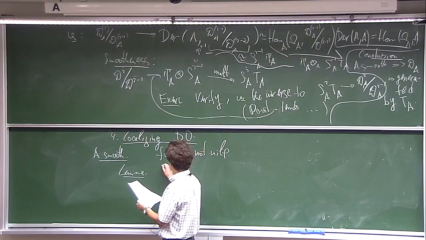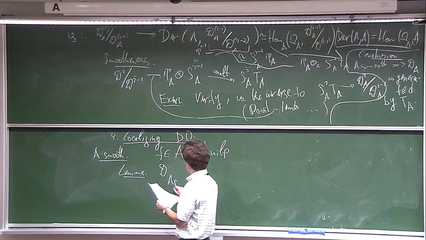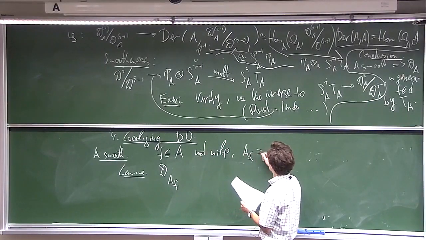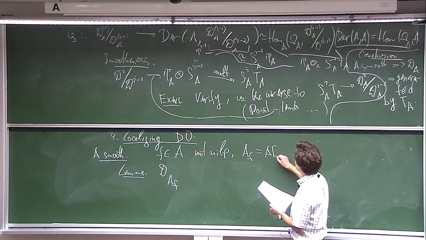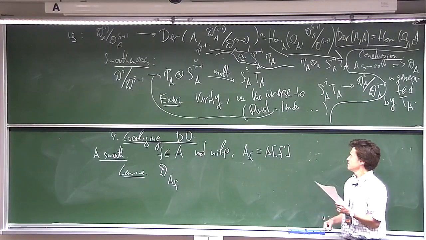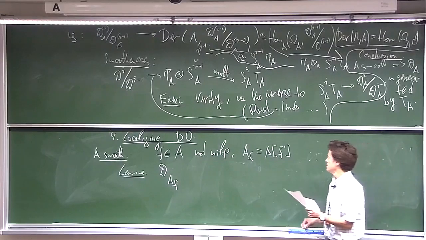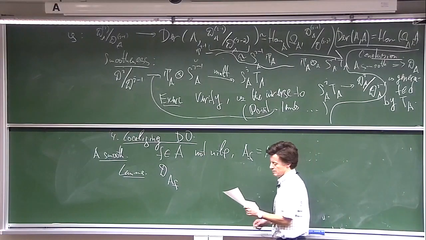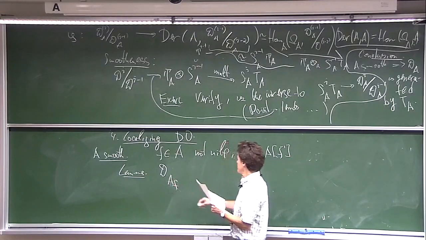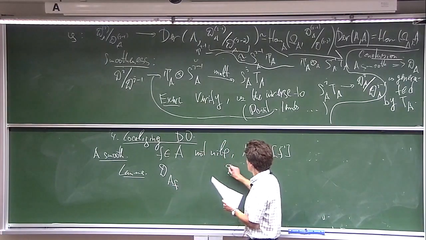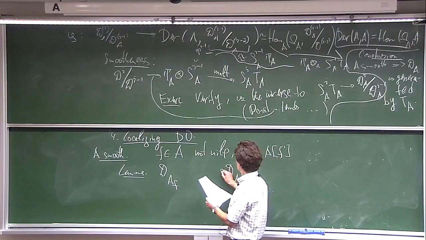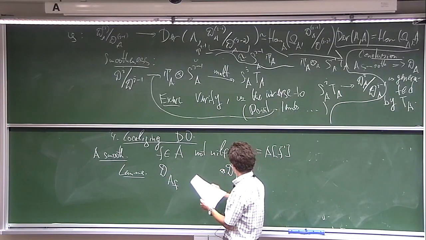We would like to compare A sub f, as usual the localization of A by f. So we would like to compare this algebra with this thing, which is perhaps not quite an algebra as it stands.